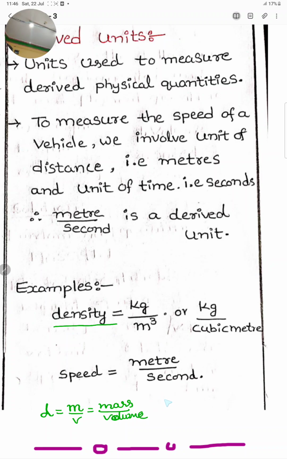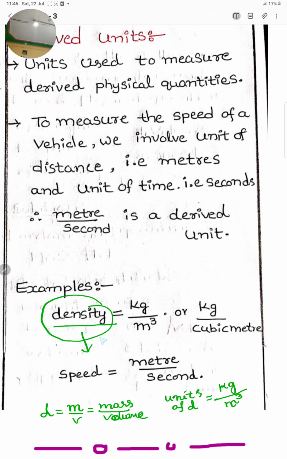Now the unit of density is equal to the unit of mass, kilogram, by the unit of volume. What is the unit of volume? Meter cube. That's why here density is a derived quantity.